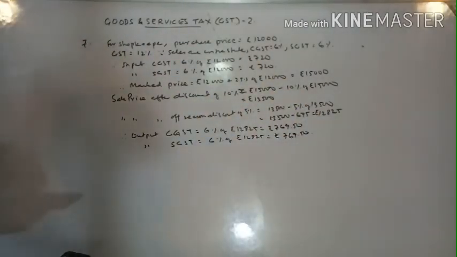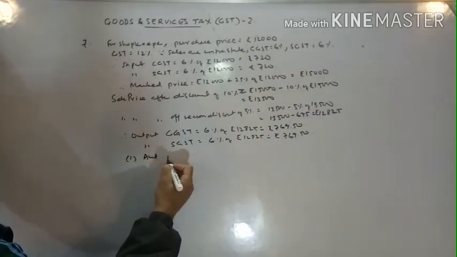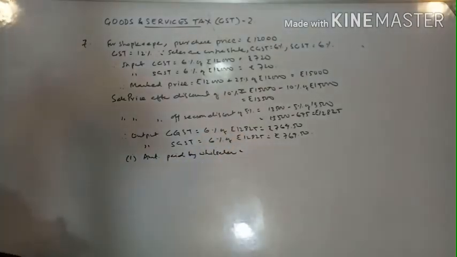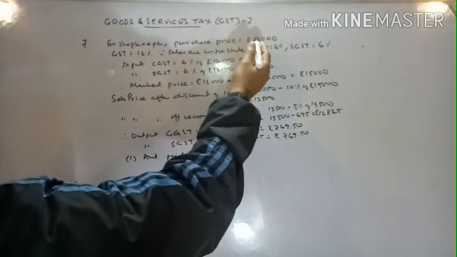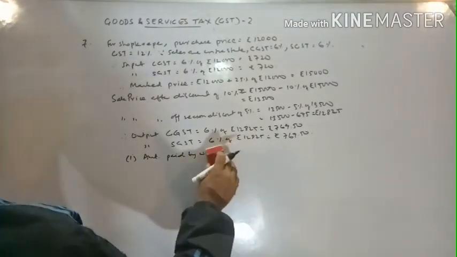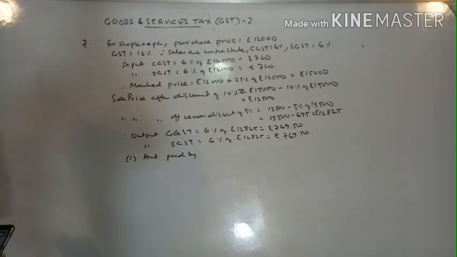Now after doing this, you have to see the question. Number 1, it says the price inclusive of tax which the consumer pays.